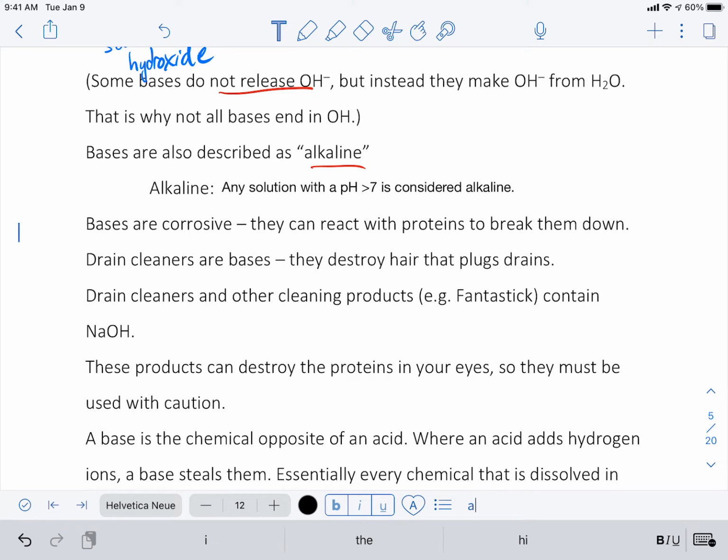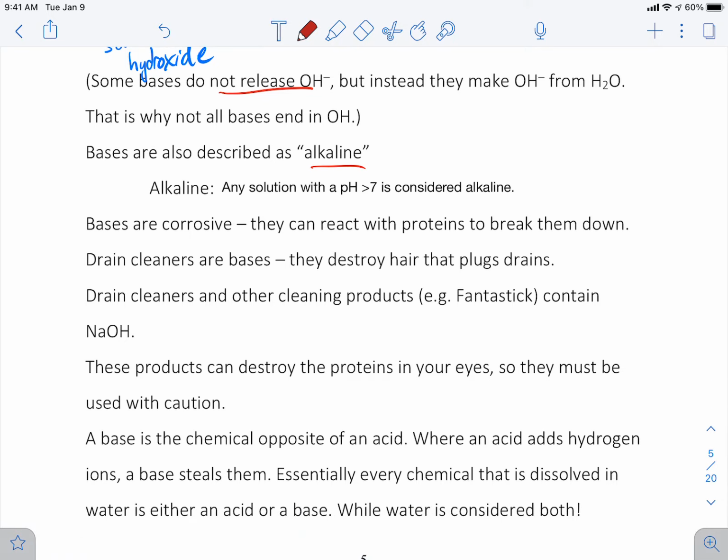They can react with proteins like the protein shell of viruses. These products can destroy proteins in your eyes as well, so that's why they're also very dangerous. Drain cleaners and other products contain NaOH, which is a very common base.